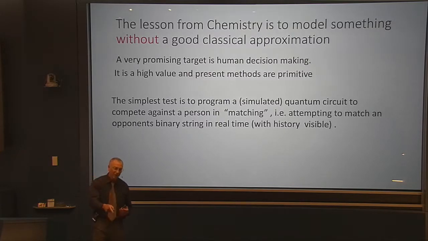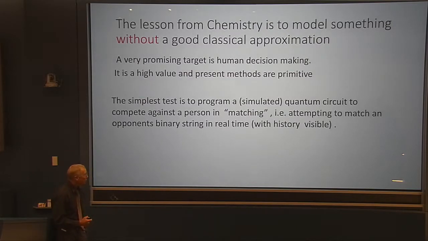I throw out a binary bit, and you throw out a binary bit, and I win if they agree, and you win if they disagree. And the von Neumann equilibrium strategy for this game is just to throw out a random string, and it can't be beaten. But it also can't win in the long run against any other strategy. So if you're actually playing against a person and want to win, you have to deviate from the conservative strategy.